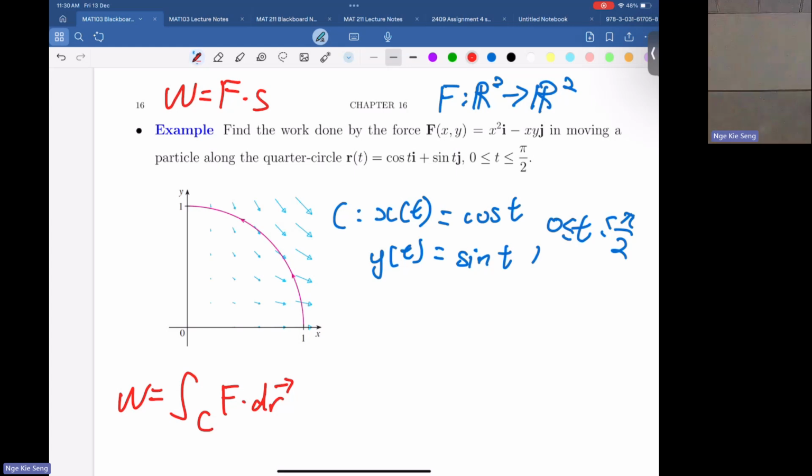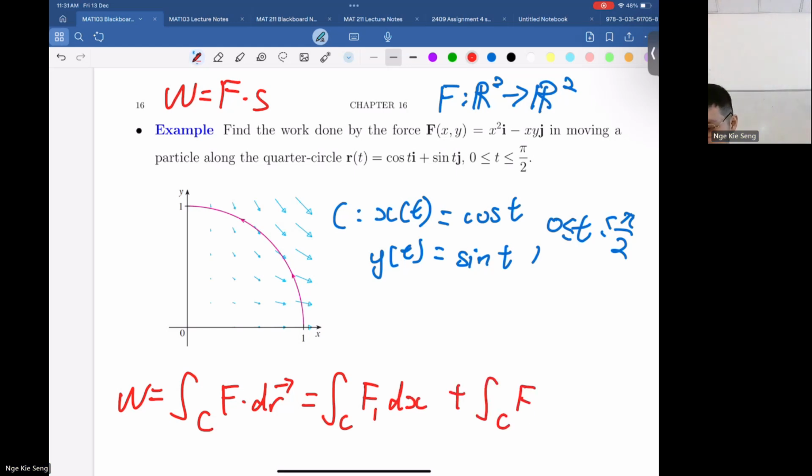But I didn't tell you the derivation of how to compute this. You turn this into a line integral with respect to different directions. So we turn this two variable case into a one variable case again.